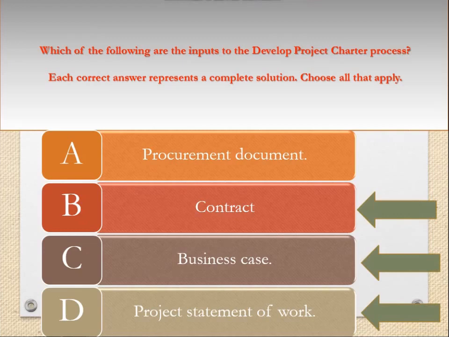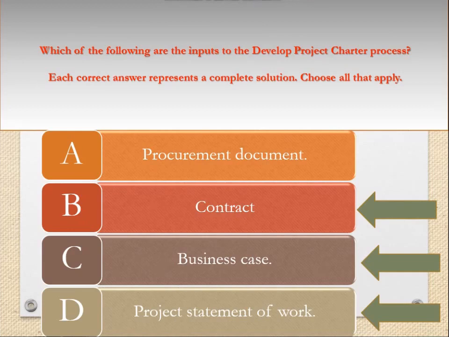Answer: B, C, D. Explanation: the develop project charter process documents the formal authorization of a project or a phase. It also documents initial requirements that satisfy the stakeholders' needs and expectations. It is used to validate the decisions made during the previous iteration of the develop project charter process.